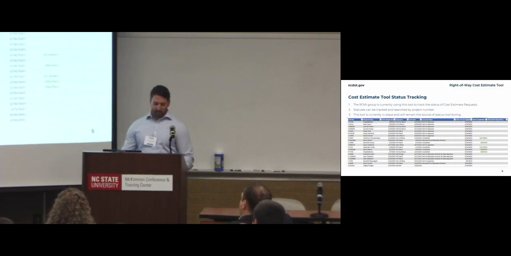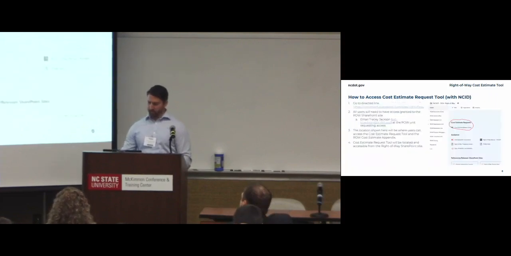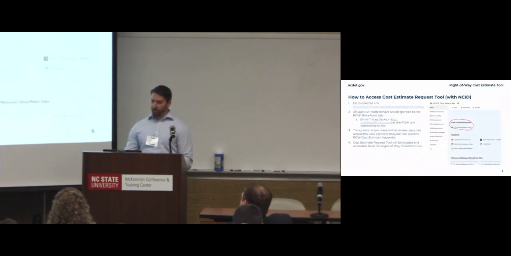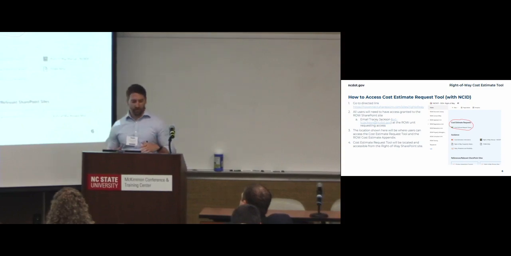So I'll go into how to access the tool here in a second, but this is going to be located on the right-of-way SharePoint site. Currently, we're working on retooling the site to give it a little better user experience.